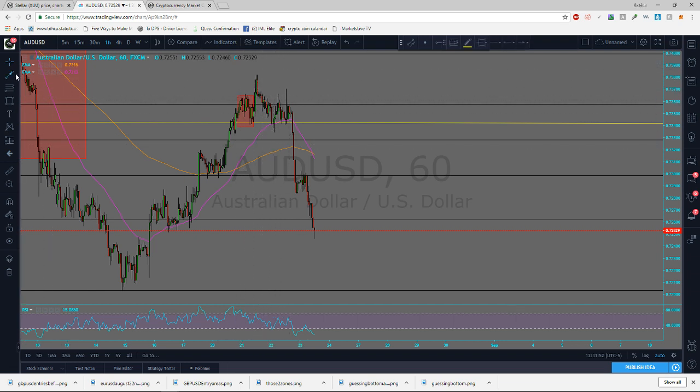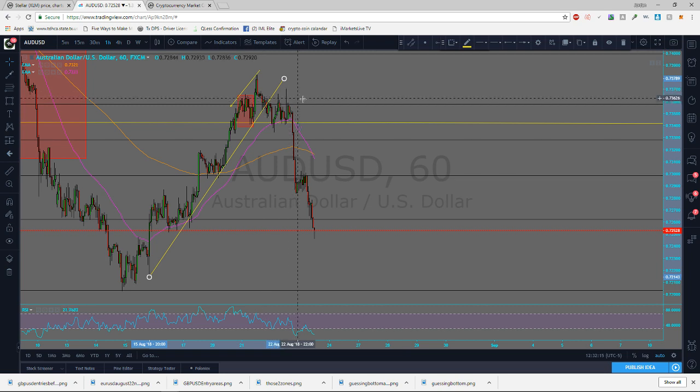Now, when these happen, sometimes, see how we have a little uptrend right here? See how we can draw this uptrend? Makes sense.